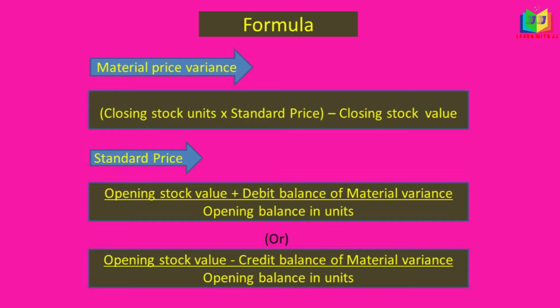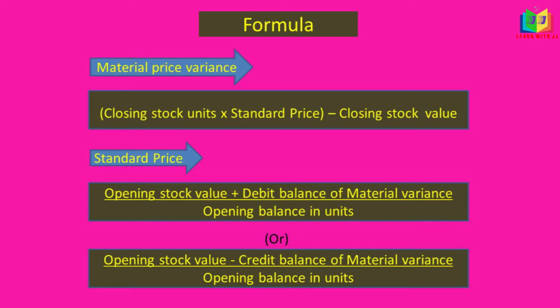Next, how to calculate the standard price depends on this formula. For calculating the standard price: opening stock value plus debit balance of material variance. The debit balance of material variance will be given in the problem, and we have to write it here.